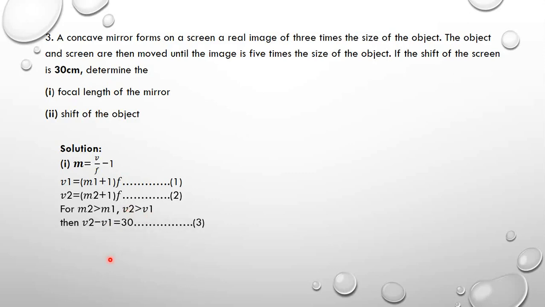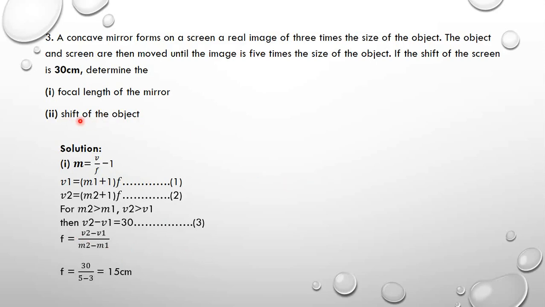And therefore we shall subtract equation 2 minus equation 1 and make f the subject, and that will give us 30 divided by 5 minus 3, which will give us 15 centimeters as the focal length.